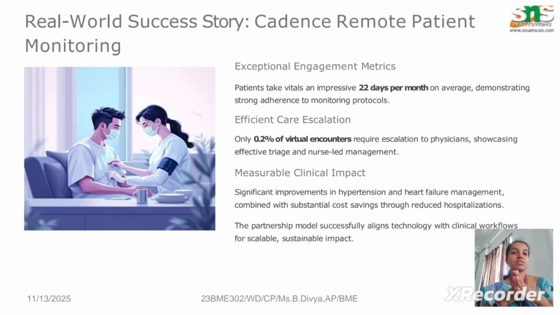Real world success story. How does this happen? Exceptional engagement metrics, efficient care escalation, and measurable clinical impacts are the main things. Patients take vitals an impressive 22 days per month on average, demonstrating stronger adherence to monitoring protocols.